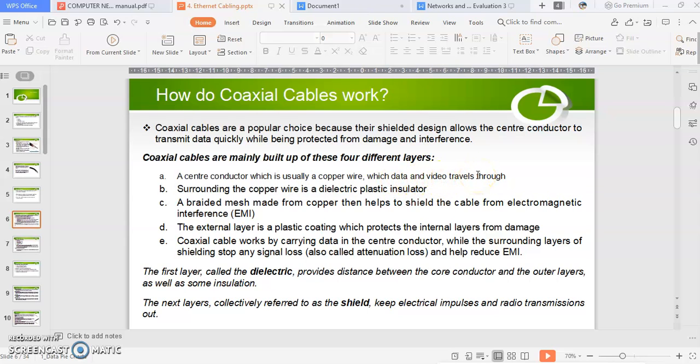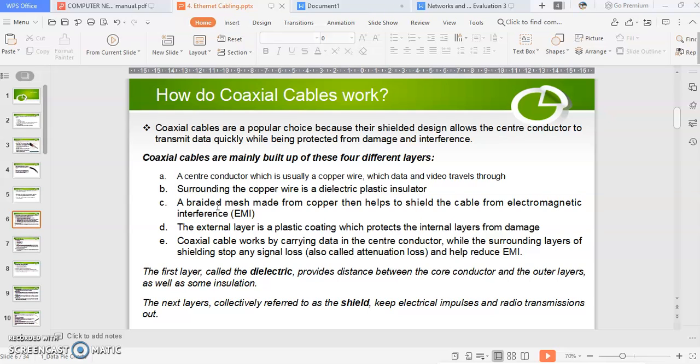So, this one wire carries the video or the data. Next is surrounding the copper with a dielectric plastic insulator. That's the white part of the wire, the insulator.